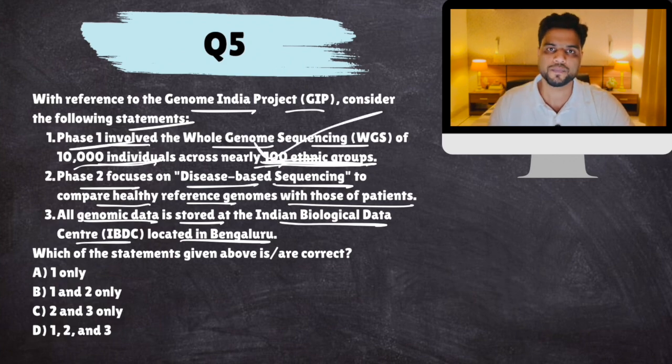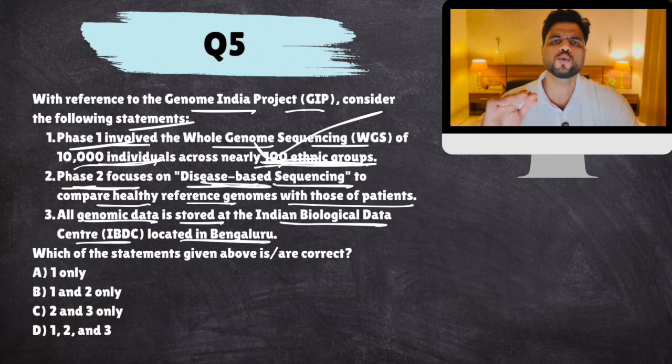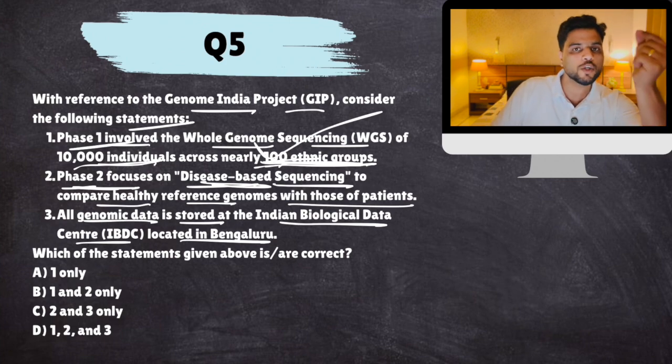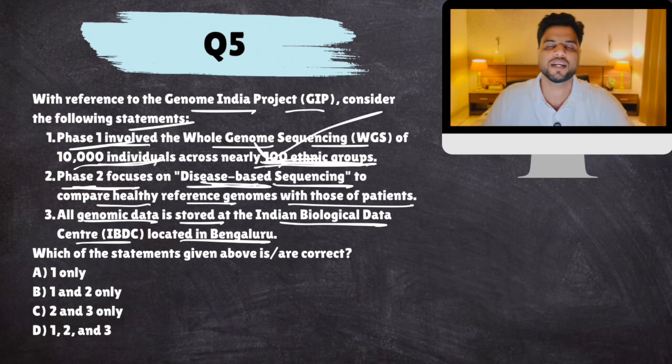This is phase 1. Then phase 2 is disease focused. You see, some people are more prone to some kinds of infections like malaria, and some people are naturally less vulnerable to malaria. Not completely immune, but less vulnerable. Surely there are some mutations in their genes, right? So therefore, in the second phase, we'll compare the genes of people who are more vulnerable to a particular disease and people who are less vulnerable to that disease.